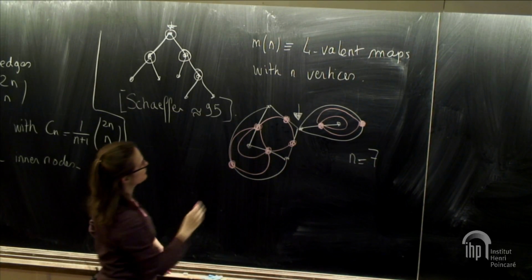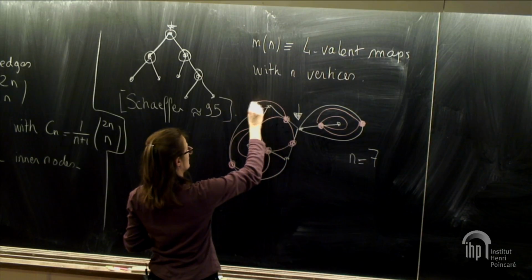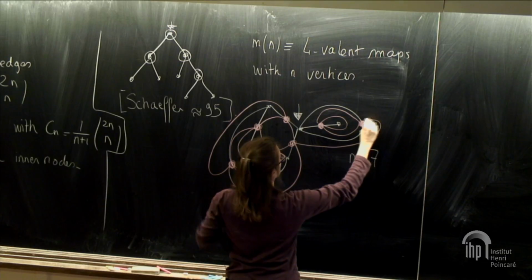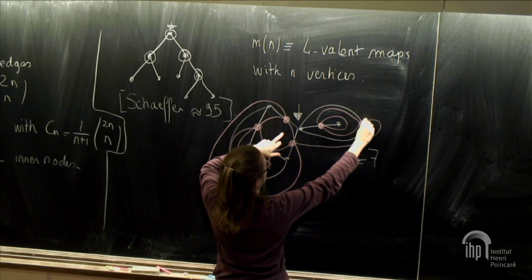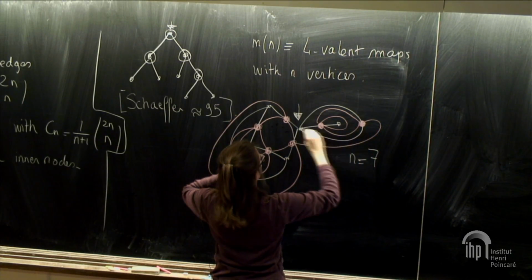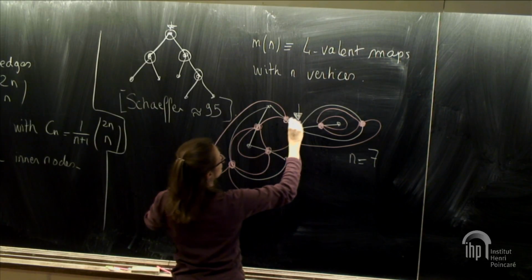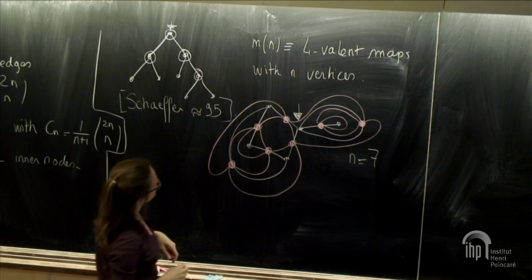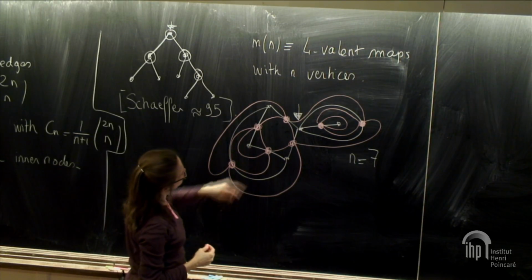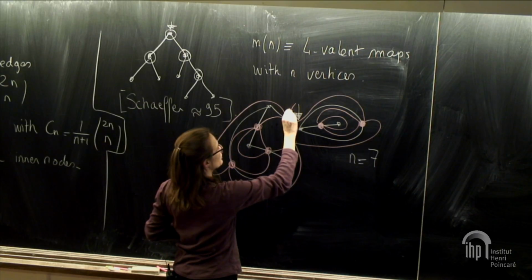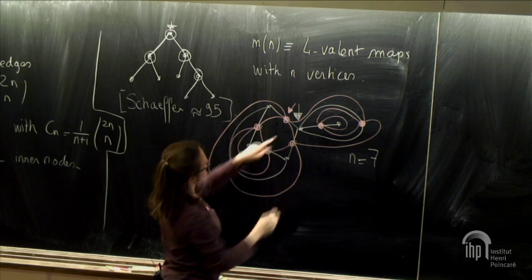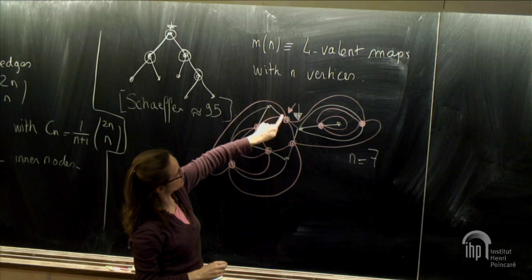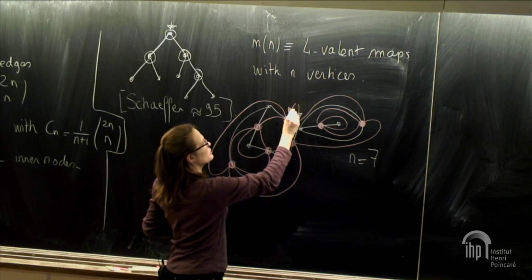And then there's the outer face, which I shouldn't forget. And then what should I choose for the new root corner? Say I will move the root corner to the former root edge, the root edge of the original map.